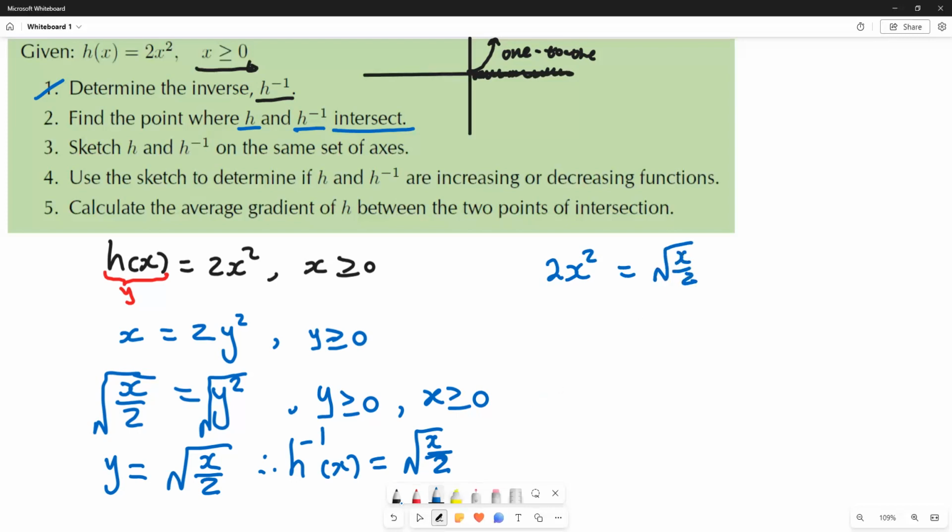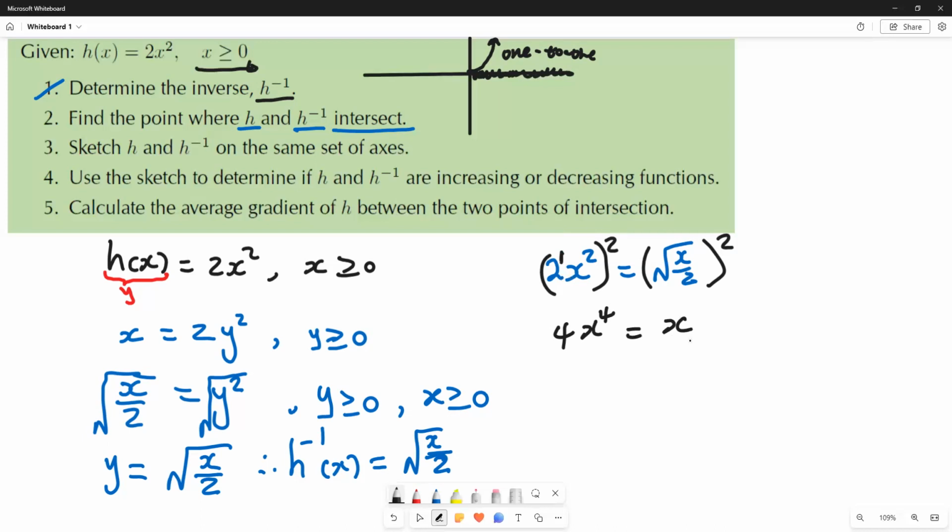Obviously, I always want to remove the square root by squaring both sides. And then here you can see that 2 squared is going to be 4, and x squared squared is going to be x to the 4, because the exponents multiply. So here it was to the power 1, so it's 2 times 1, which gives you 2 to the power 2, which becomes 4. Here it is 2 times 2, which is 4.